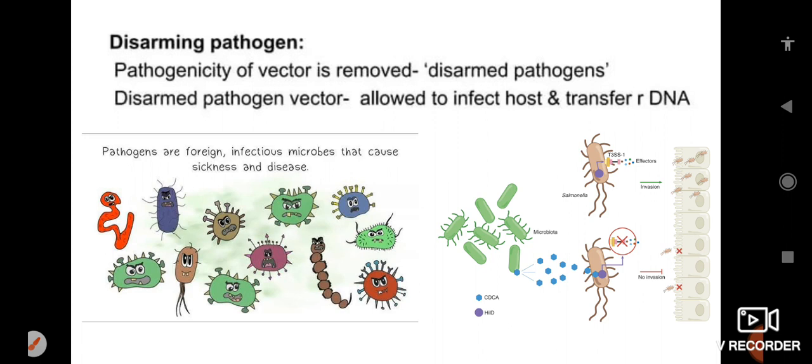So the disease causing factor is being removed, along with whatever harmfulness it was going to carry. They are being disarmed. So this disarmed pathogen will allow us to infect the host and transform the rDNA. It can be Ti plasmids in case of plants, or retrovirus in case of animals.